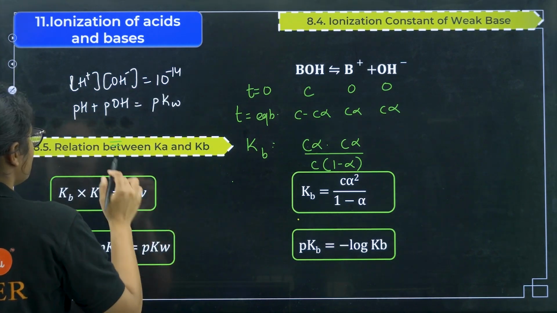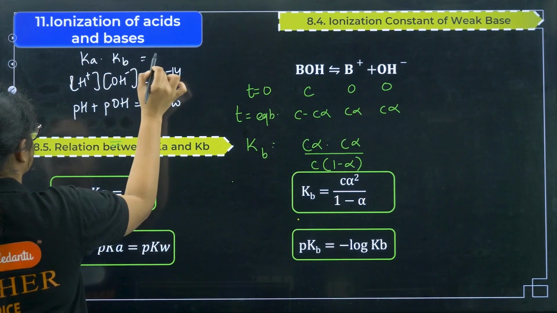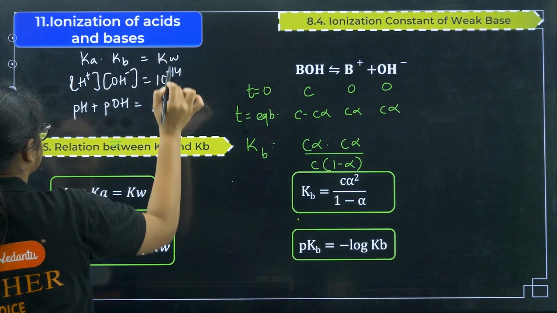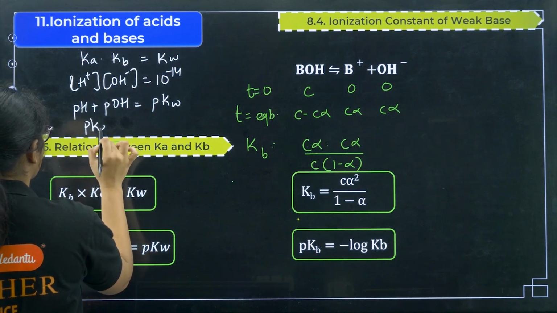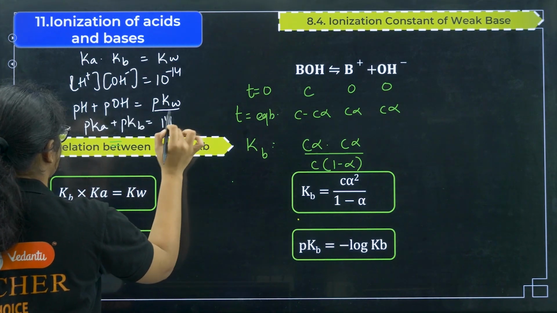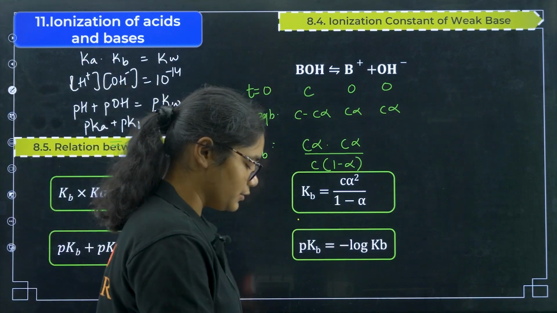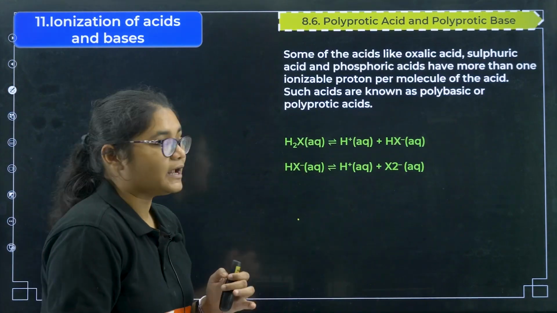Next, Ka into Kb is equal to Kw. And another we got here is pKa plus pKb is equal to again pKw. So that is 14. Okay, clear?